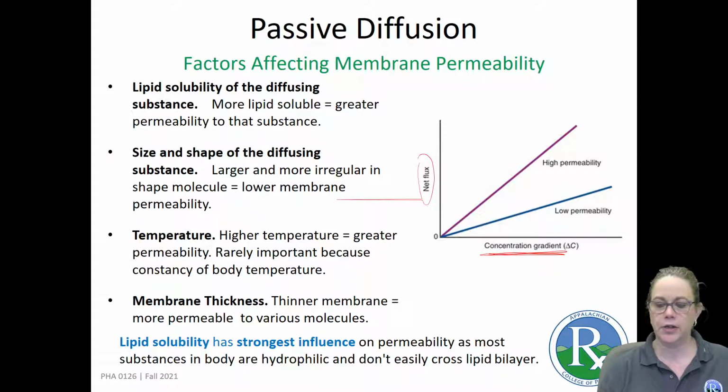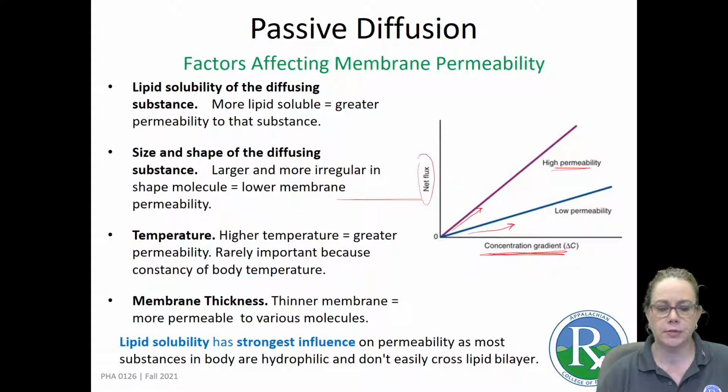Regardless of the nature of the molecule, for our low permeability molecule, we get an increasing rate or flux across the membrane with increasing concentrations. The same is true for the high permeability molecule. We just have a difference in the slope, where we have a much steeper slope for the compound with a high permeability.